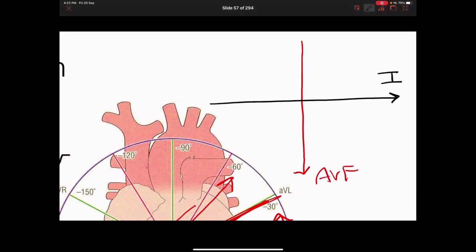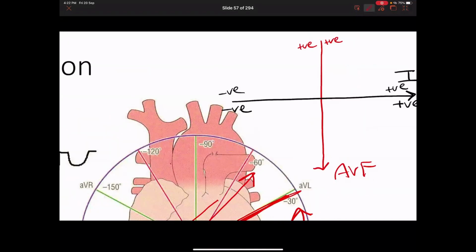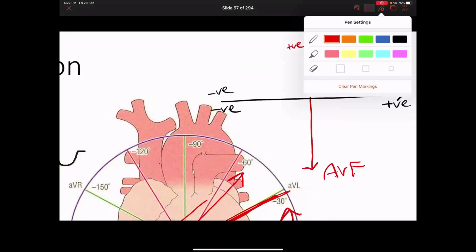This side of lead 1 in general is positive. This side of lead 1 is the negative. And then this side is the positive. And this is the negative.